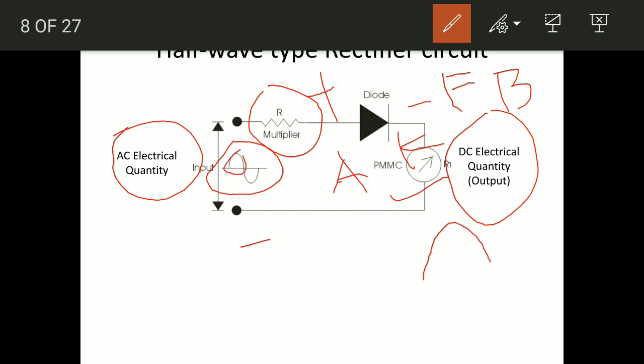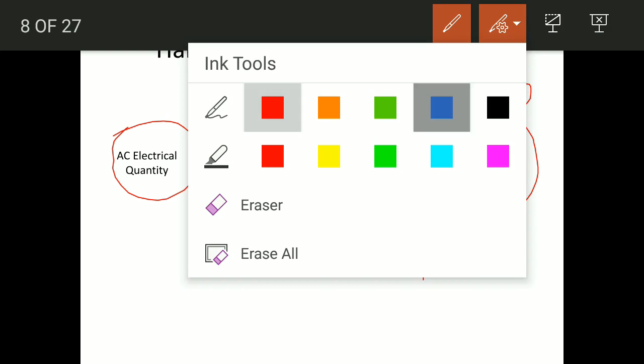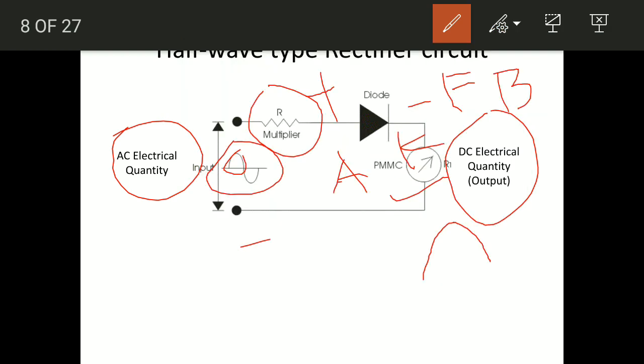Now during the negative half cycle, what will happen? The polarities are going to be changed. That means in that case this terminal is going to be negative and this terminal is going to be positive. So what will happen? The diode is going to be in reverse bias condition, and in reverse bias condition I told you that the diode is going to act like an open switch, and when it is an open switch the output is going to be 0.